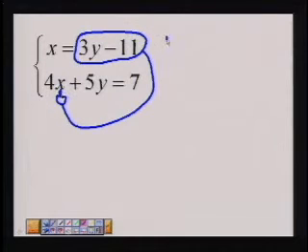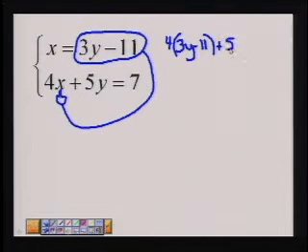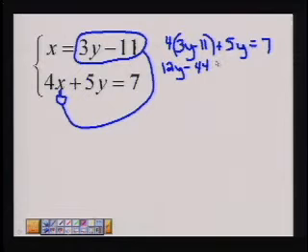That gives me 4 times my new definition for x, 3y minus 11, plus 5y equals 7. Now I'll distribute my 4, so I get 12y minus 44 plus 5y equals 7.